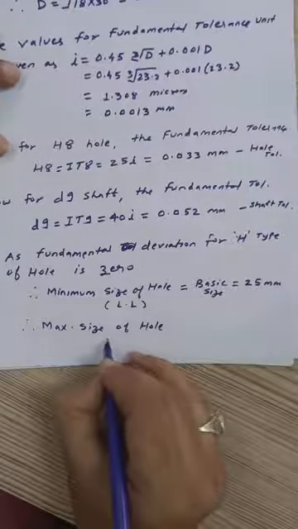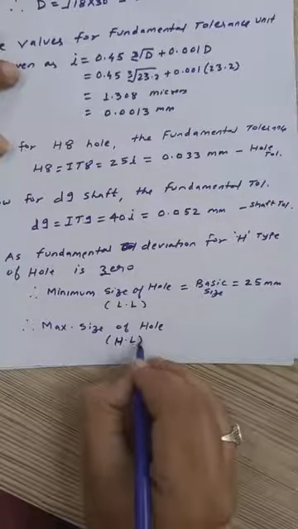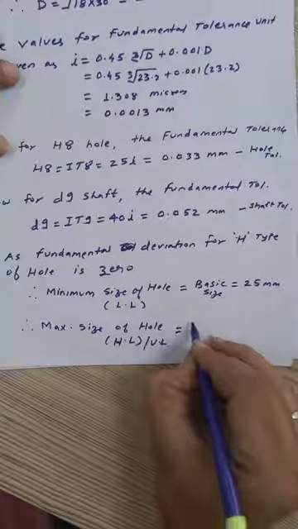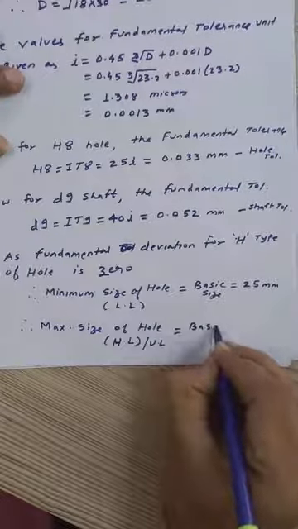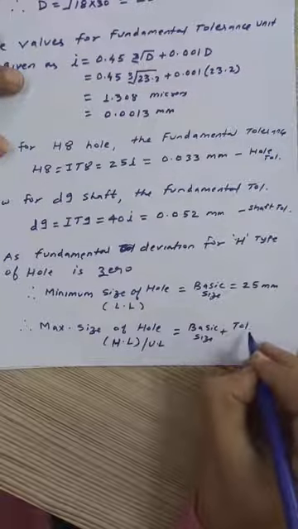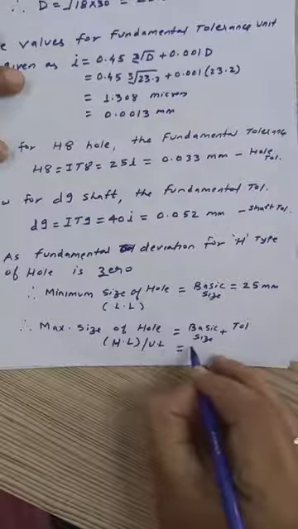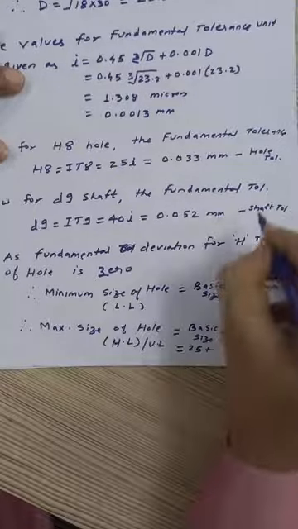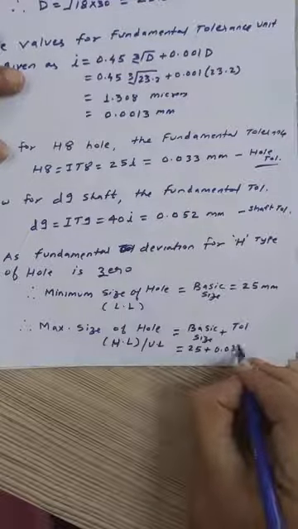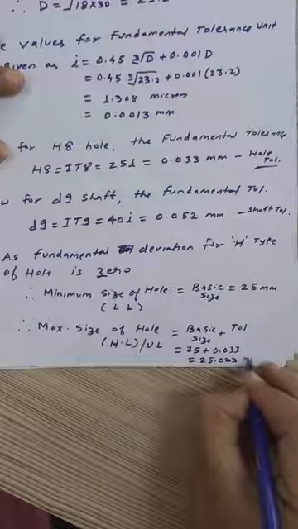Maximum size of hole is the upper limit or high limit. That is equal to basic size plus tolerance, which comes to be 25 plus the tolerance for hole 0.033, that comes to be 25.033 mm.